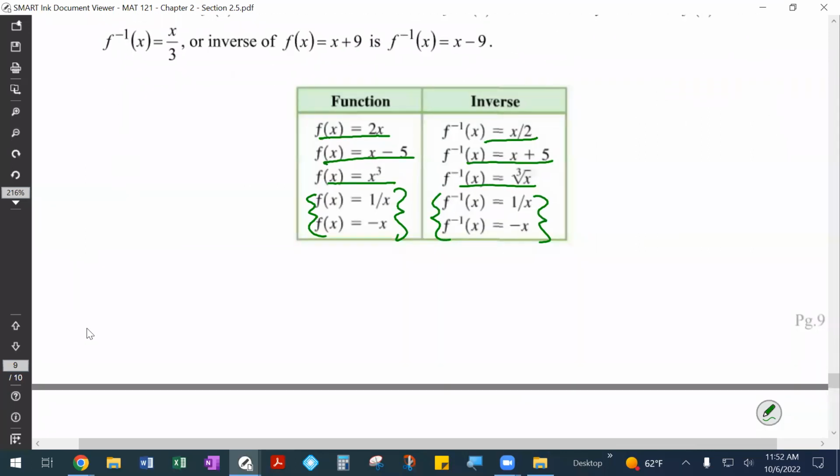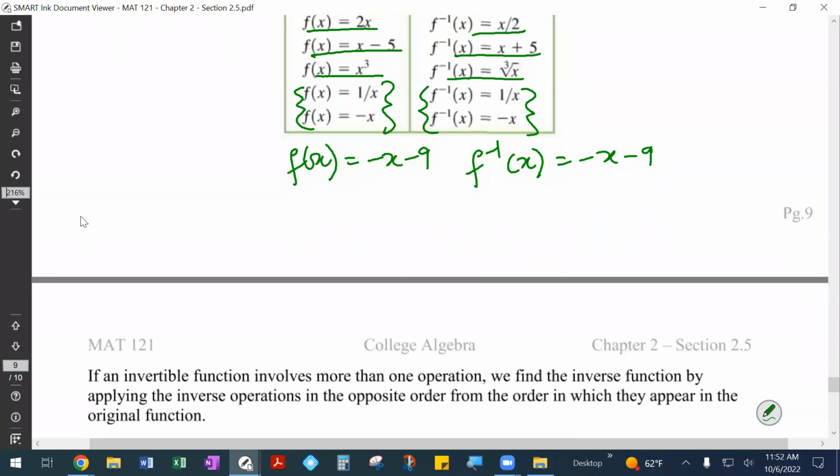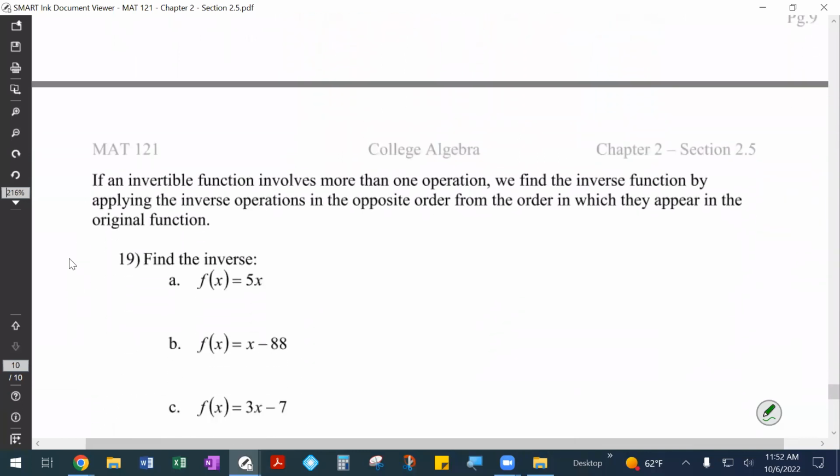Actually, this also happened with us Tuesday. We had something like negative x minus 9, and he is his own inverse also. So these guys end up becoming inverses of themselves.